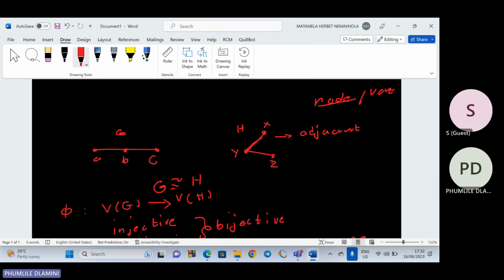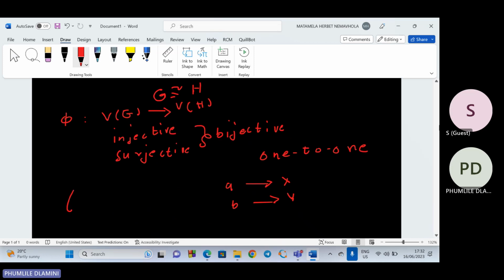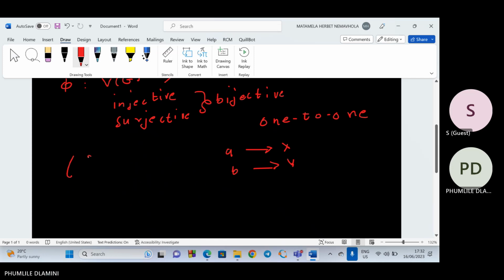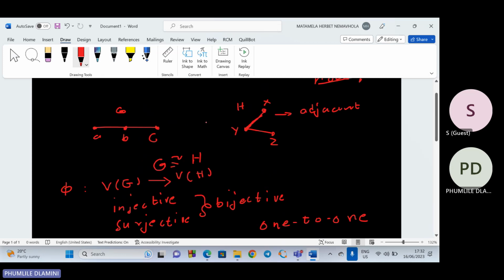When we say adjacent, if we check the relationship between the two, when we write it mathematically, I can write it in terms of A, B, and C and check which one corresponds to each other.